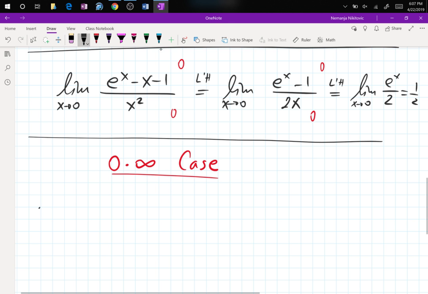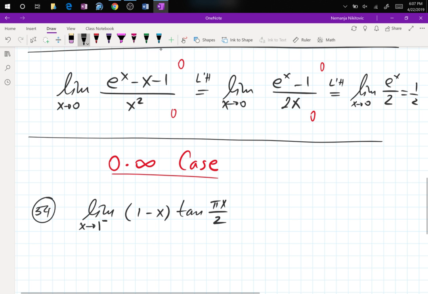This is problem 54 in the textbook. Limit as x approaches 1 from the left, so you put this little minus on top of the 1, of 1 minus x times the tangent of pi x over 2.